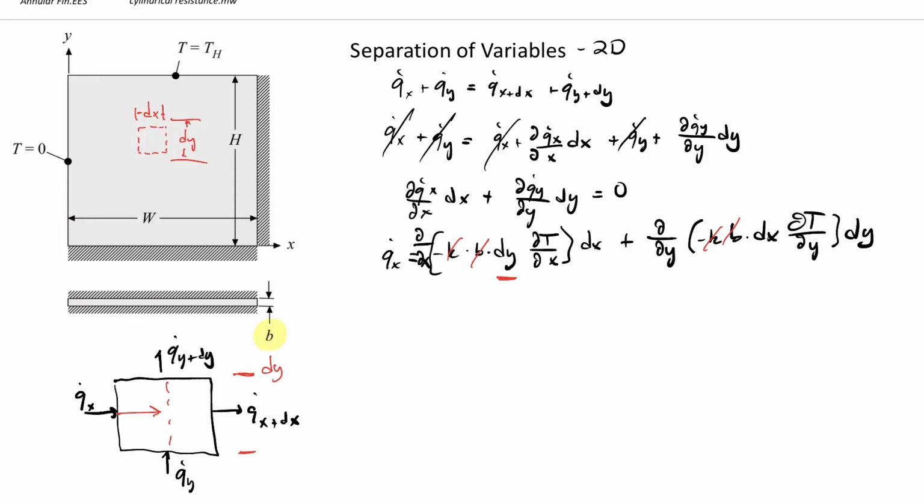So actually dy can come outside of this differential. So this becomes dx times dy, and this over here can come out here, and this becomes dy times dx. Right? So dx dy actually cancels out now. Hopefully everybody sees that. So those cancel out.